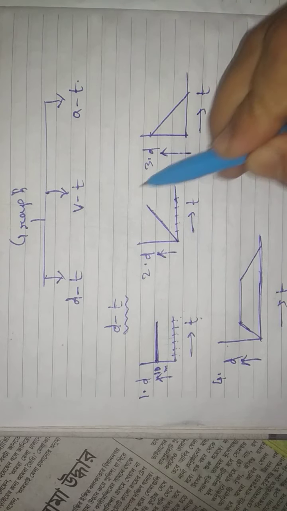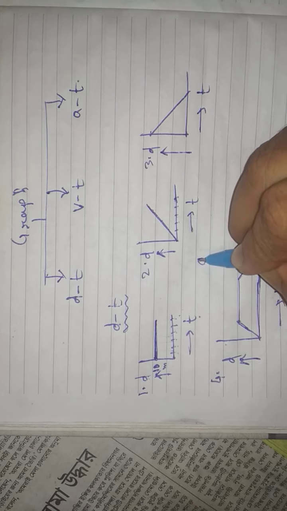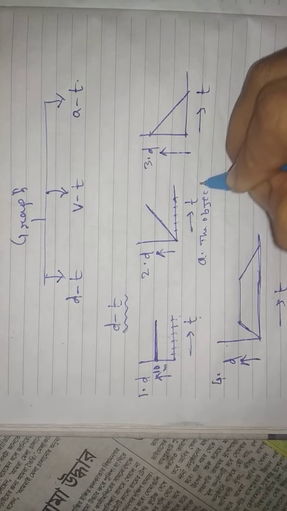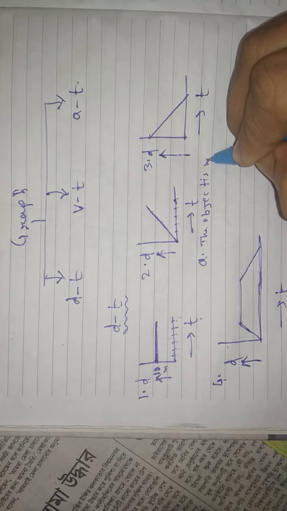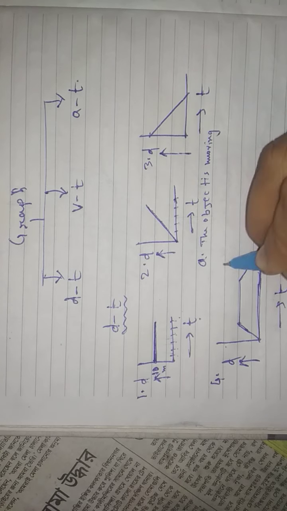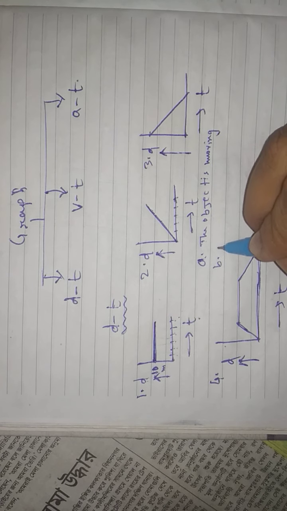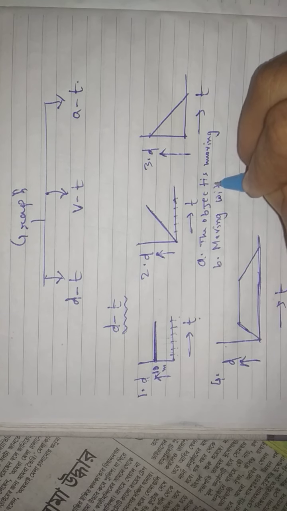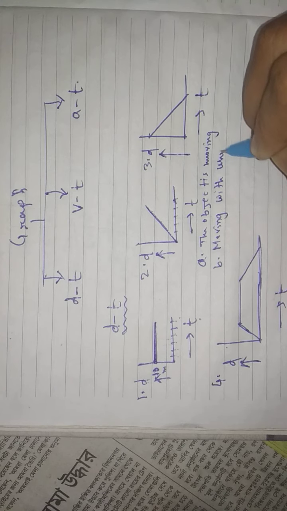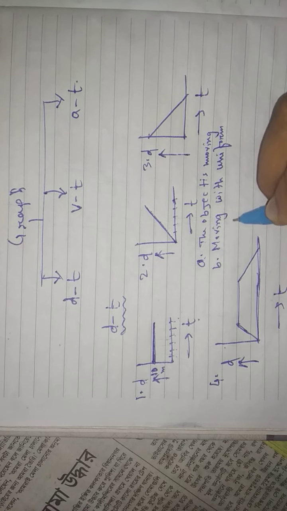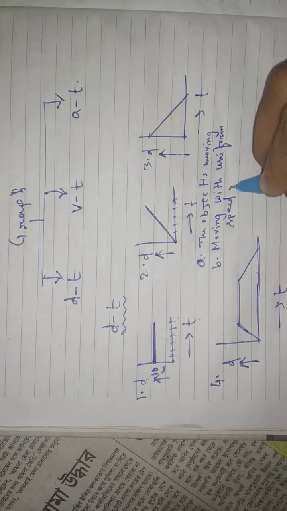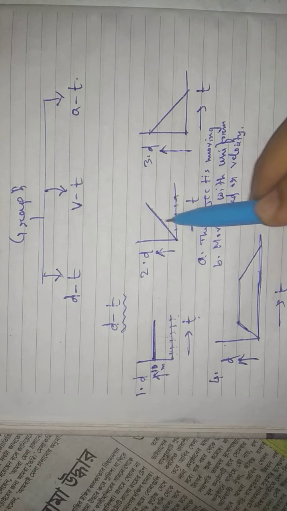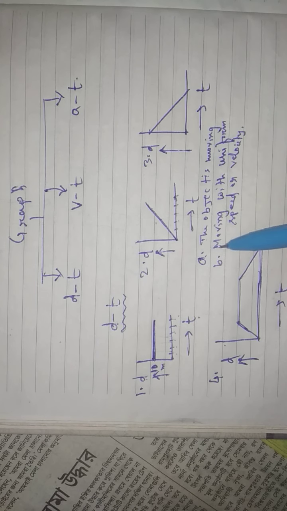So this graph says, number A, the object is moving. Number B, the object is moving with uniform speed, or you can say velocity. So from this graph we can conclude these two.